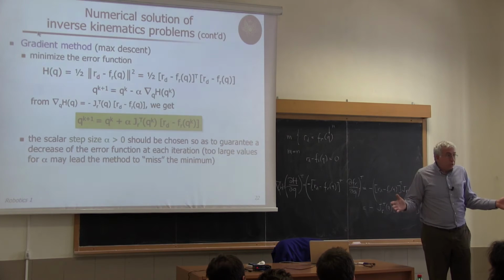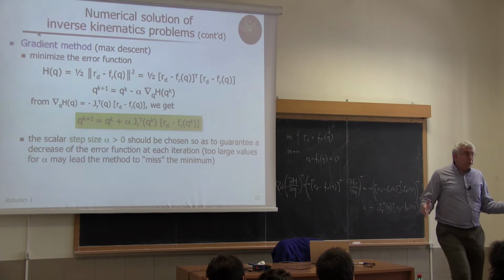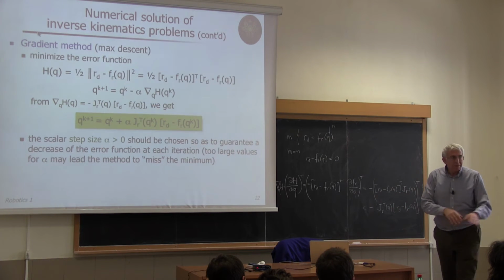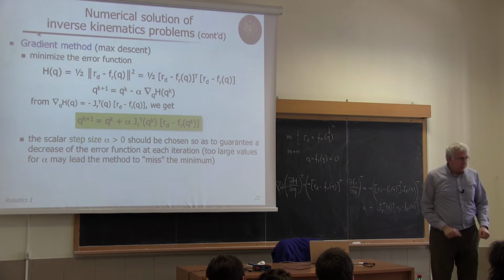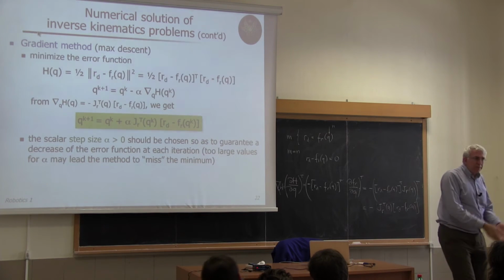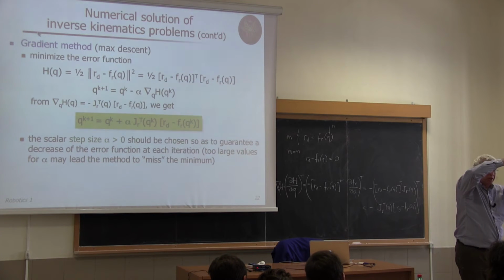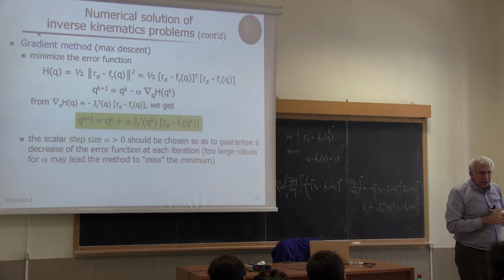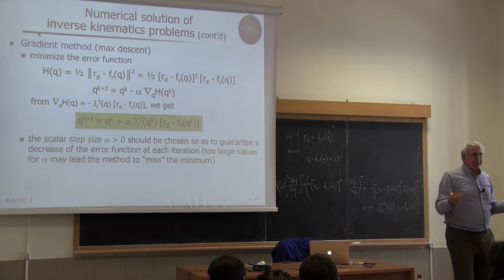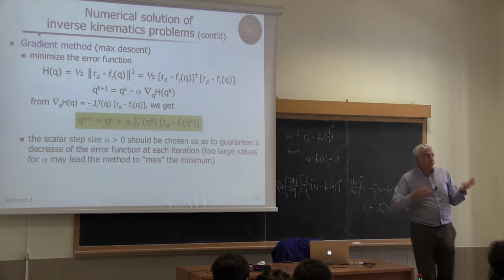So what you can do is just explore with your feet where the direction of descent is, and you make a step in that direction. And here I'm going down. Now, if you're in a valley like this, if you take too large a step, you will even increase your height. So you're not guaranteed to decrease.